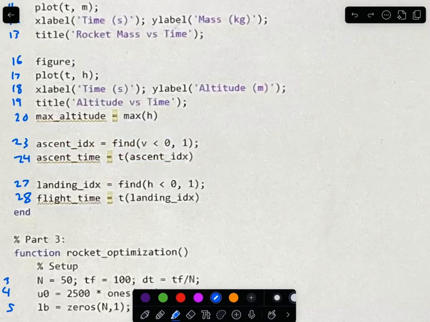Basically what these do is they find when the altitude crosses 0 again, and that is basically when the rocket lands or crashes, or however you would want to describe that action. Okay, so that's the long and short of part 2.